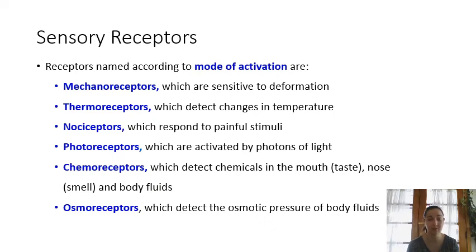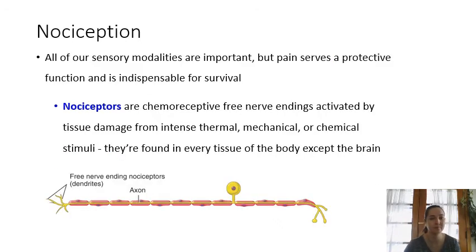Any kind of tissue damage is going to be picked up by a nociceptor. Photoreceptors are activated by light, chemoreceptors are activated by chemicals, and then osmoreceptors detect osmotic pressure in body fluids. So those are things that can detect what's in your blood, and so on.